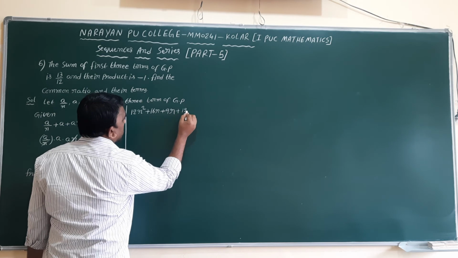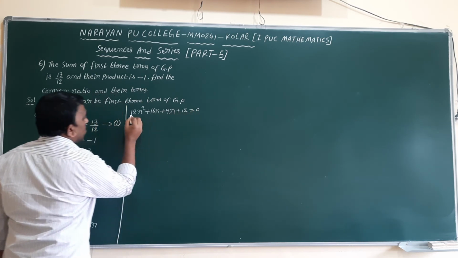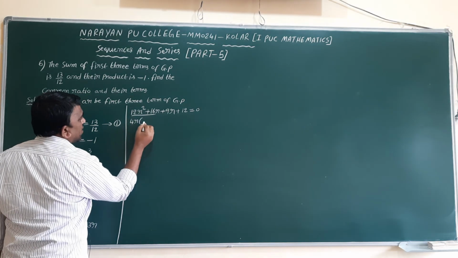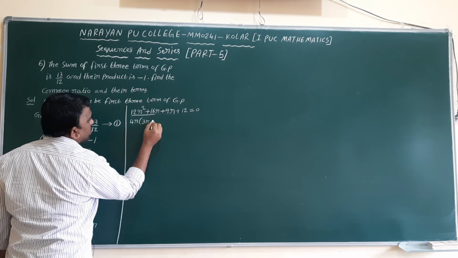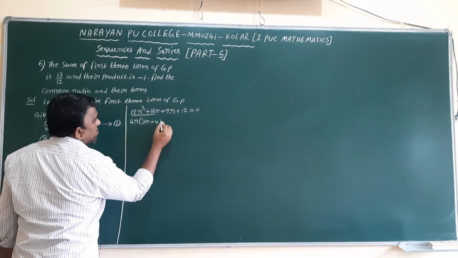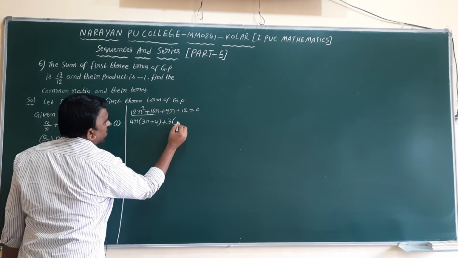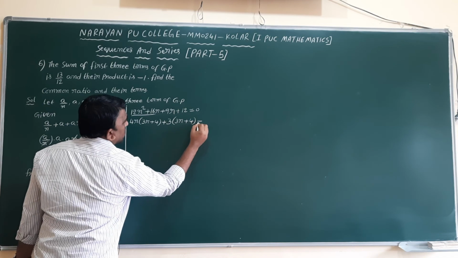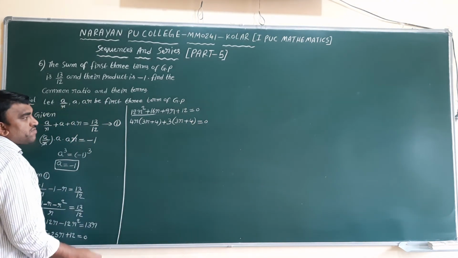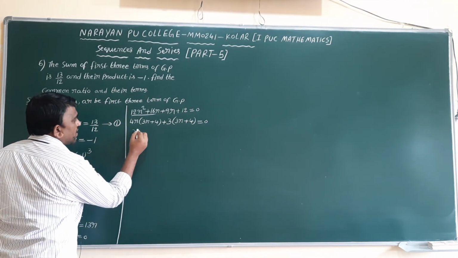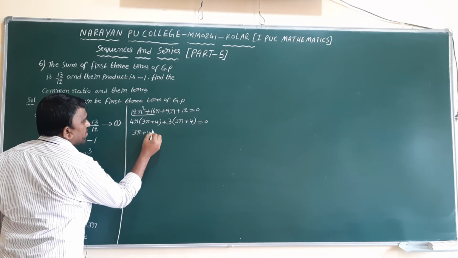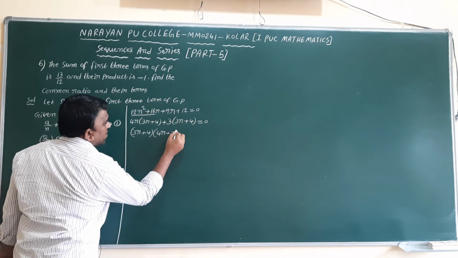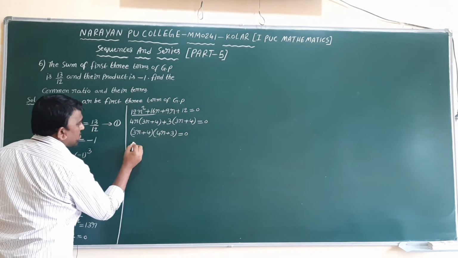From this I will take 4R common, remaining is 3R plus 4. From this 3 I will take common, 3R plus 4 is equal to 0. So from both I will take 3R plus 4 common. So remaining 4R plus 3 is equal to 0.